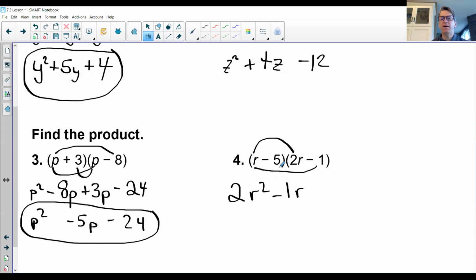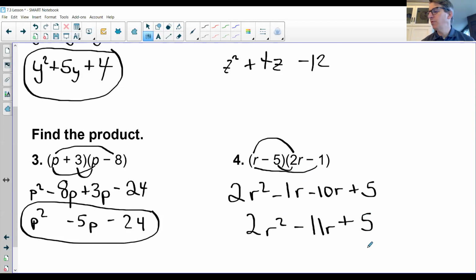Inner is negative 5 times 2, or negative 10 times R. Last, negative 5 times negative 1 is plus 5. So your answer is 2R squared minus 11R plus 5. And that would be number 4.